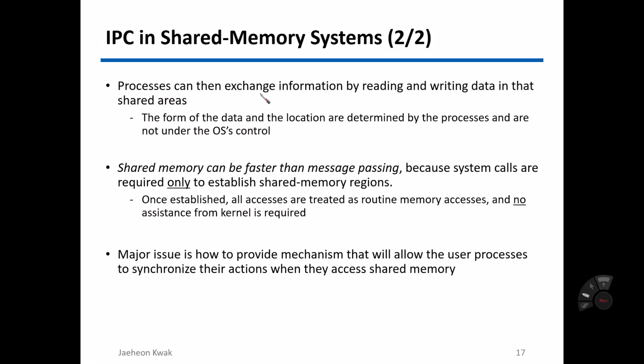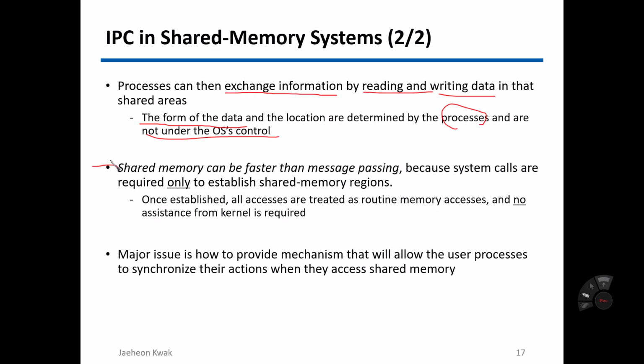After creating this shared memory region, processes can exchange information by reading and writing data in the shared regions. The form of data, and managing the location and data format, will be determined by the processes, not under the OS's control. So the operating system just supports the memory allocation, and how we read and write the data will be handled by each process.